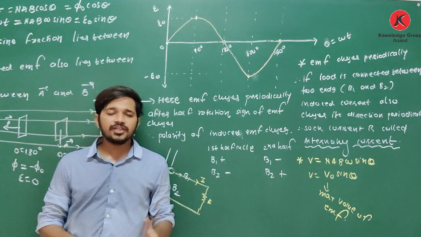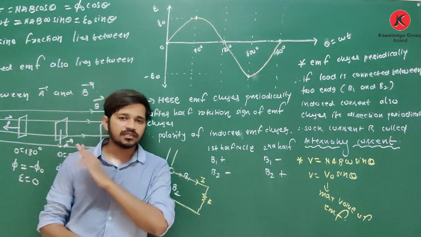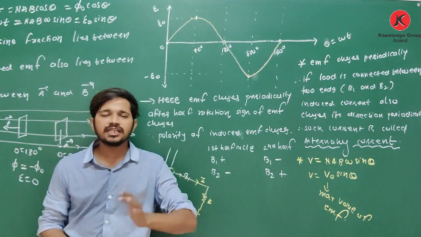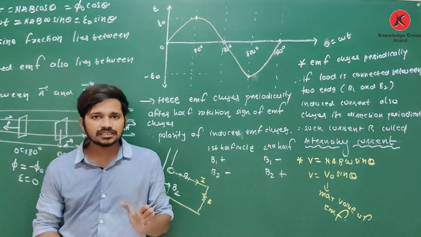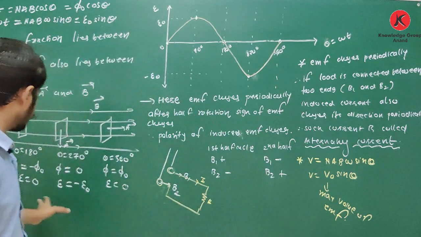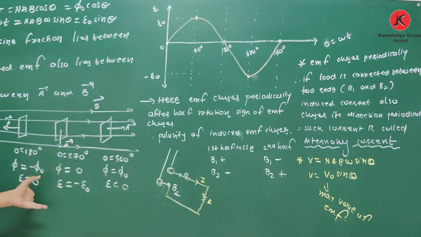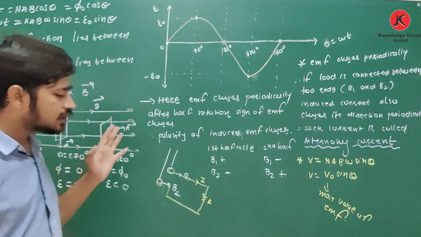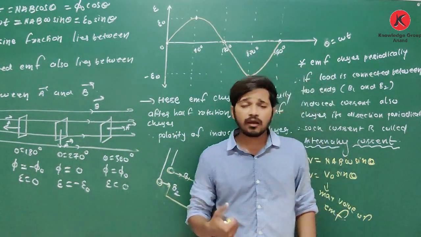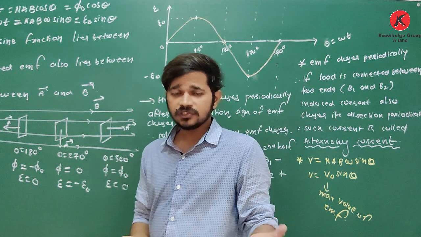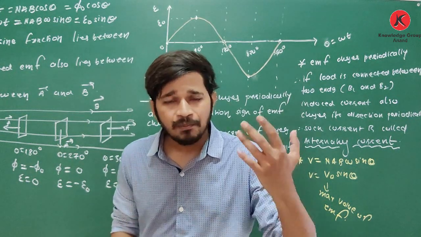That's why it is called alternating current. Clear about this? There is some theory that you have to remember. It is one important topic. What is an AC generator? What you have to do? Write it down from the board and make notes.